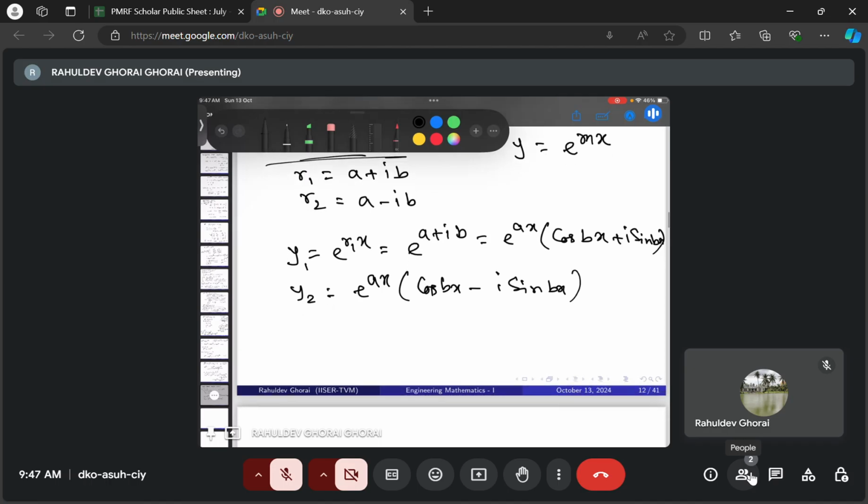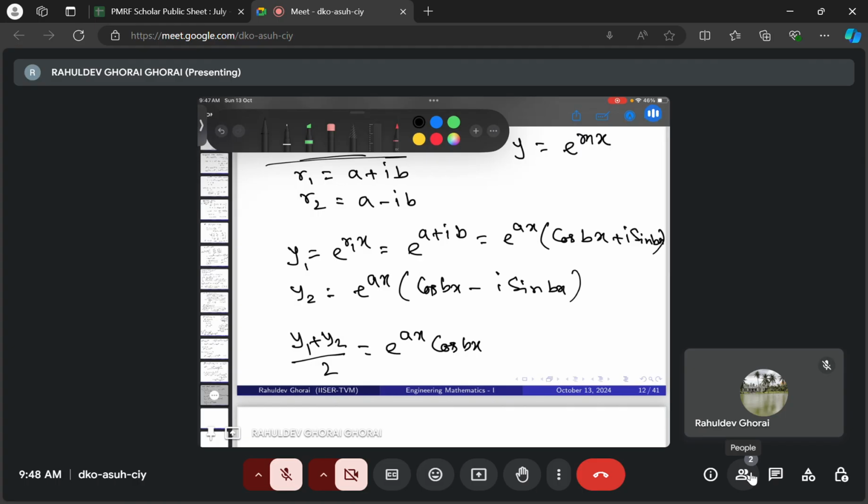So we can see that y1 and y2 are two solutions. You can check that they are linearly independent also, and you can show that (y1 + y2)/2 will be e^(ax) cos bx. As we all know, if y1 and y2 are solutions, linearly independent or not, the addition of the two will also be a solution.